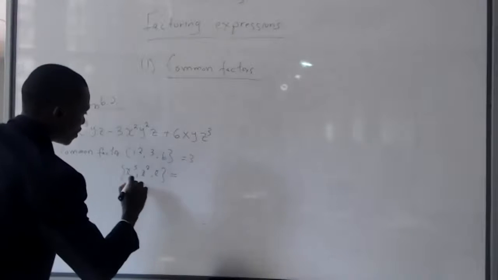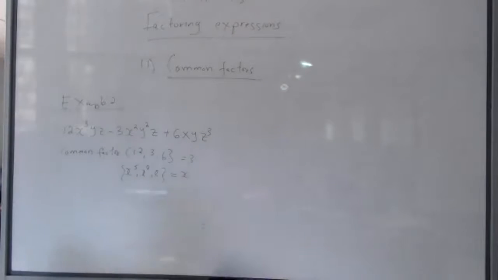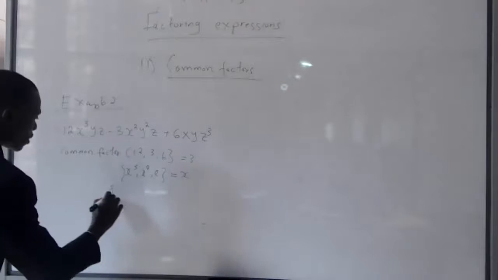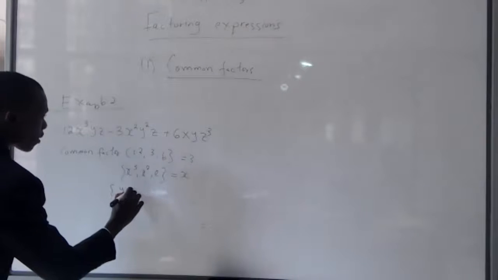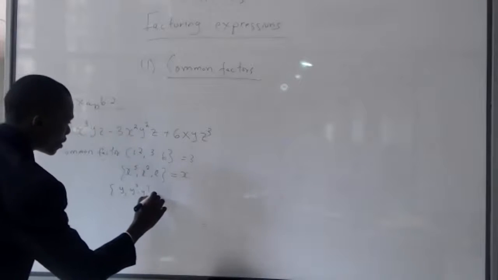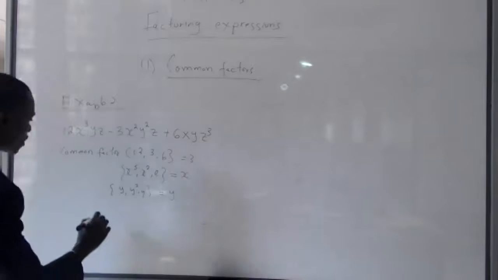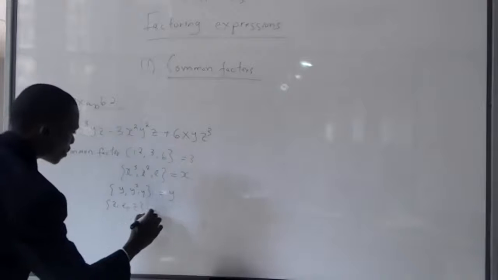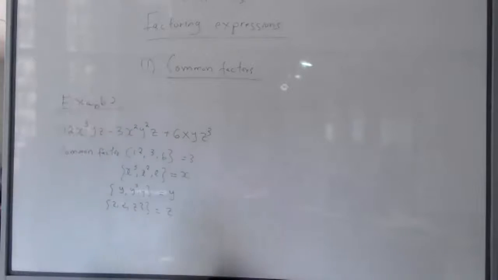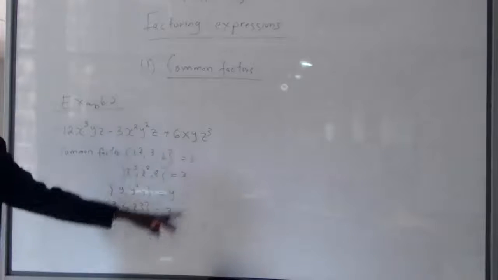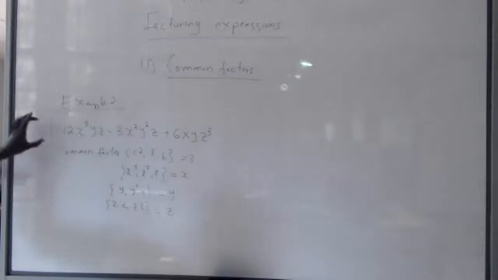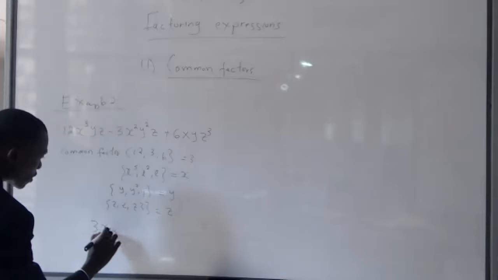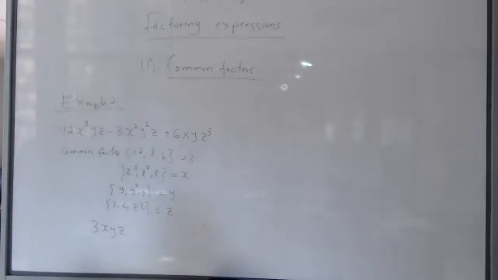The greatest common factor is simply x. For y, y squared, y, the greatest common factor is y. And lastly, z, z, and z cubed. The greatest is z. So the product of these is the common factor of the entire expression: 3xyz.